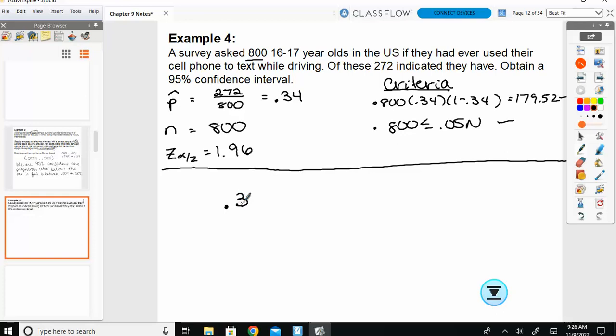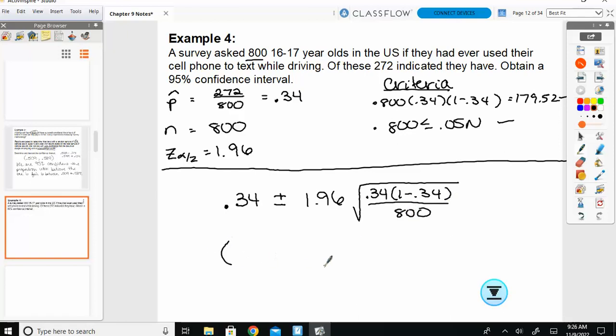So the formula is p hat, so 0.34. Can I just write it together, write the plus and the minus, and we'll just know we have to plug both of them in the calculator. z alpha over 2, 1.96, times the square root of p hat, 1 minus p hat, over n. So I'm going to do the minus one first, because that will give me the smaller number.